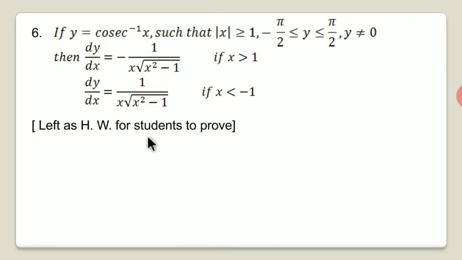Again, this can be proved as that of our fifth result, and so this is left for homework. Do this for homework.